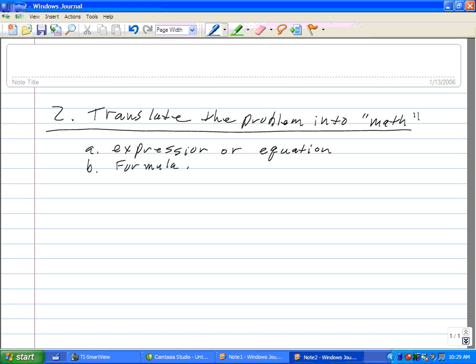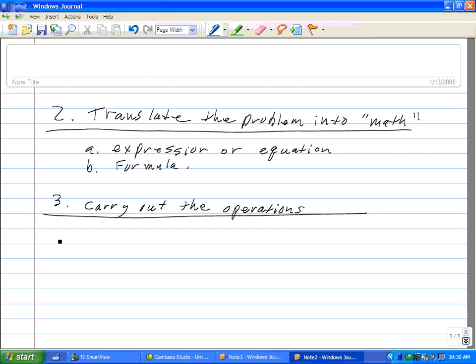Now, once the translation has been finished, the next step would be to carry out the operations. In other words, if the formula you have says you need to multiply a couple of values, go ahead and do that. Add, subtract, just any other operations that need to be carried out, go ahead and do that.